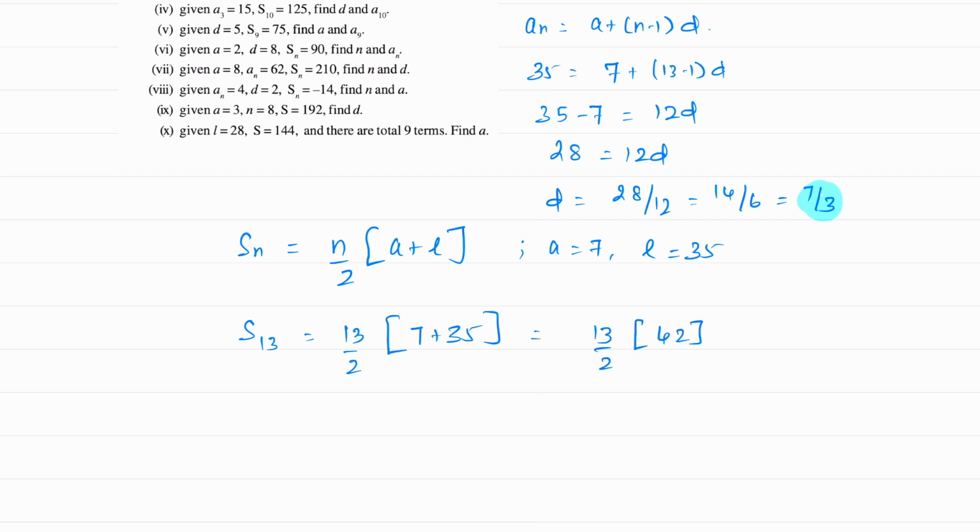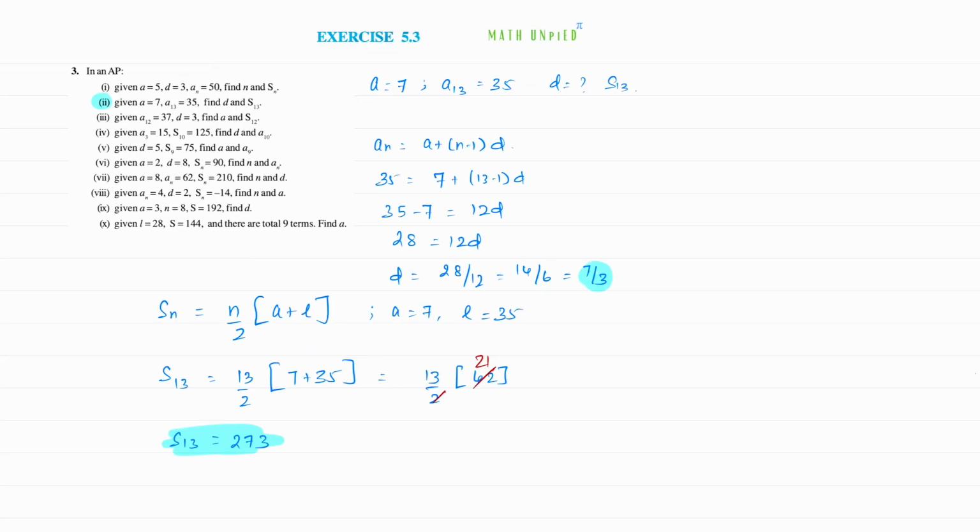We can cancel this, and what is 13 times 21? S13 equals 273. So the answer is common difference d equals 7 over 3, and S13 equals 273.